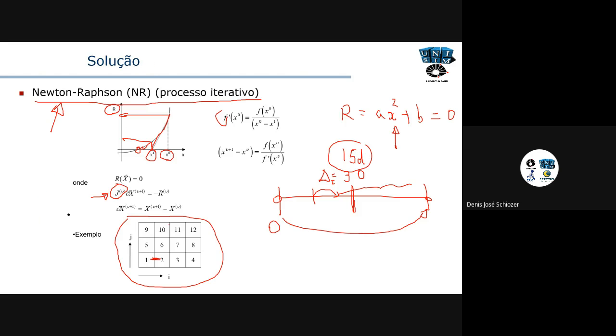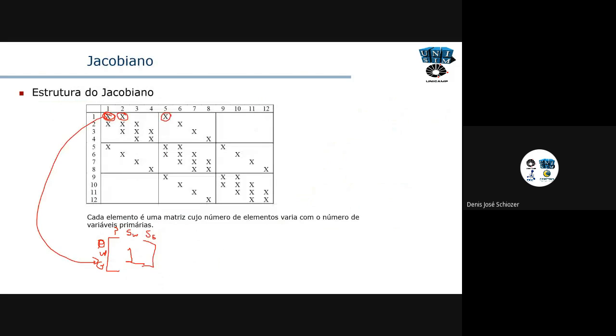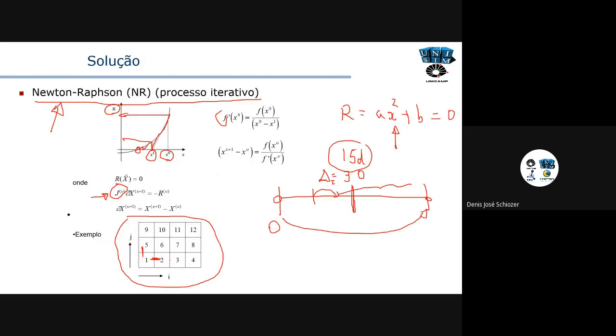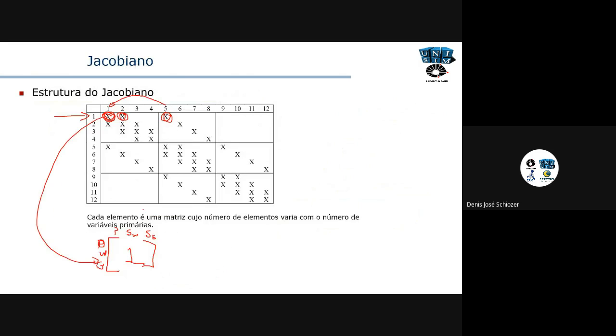Also, because block 1 is a neighbor of block 5, I have terms here, because the pressure and saturation of block 5 have to be included in the equations of block 1. So when I solve for block 1, I have variables of block 1, block 2, and block 5. When I'm solving for block 2, I have variables of block 1, block 3, and block 6, as here, 1, 3, and 6, okay? And then I do it for all the blocks this way.